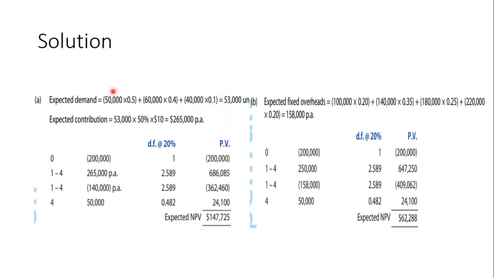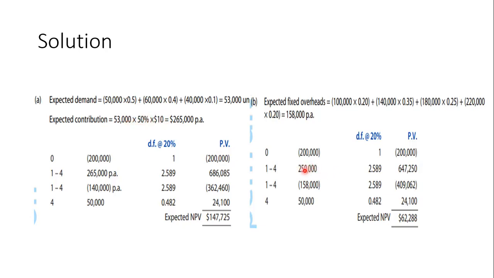So we simply have our 50,000 units multiplied by 50%, multiplied by our 10 cedis unit price.